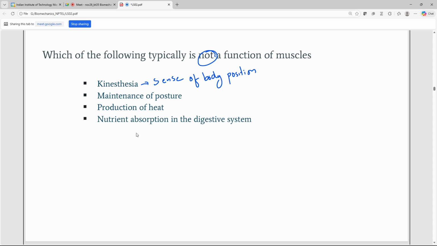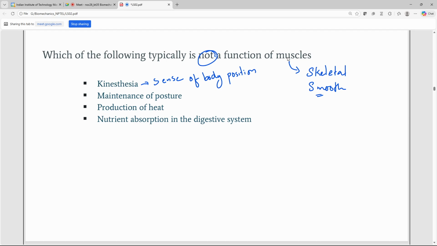Production of heat also, you know. Nutrient absorption system. In the videos themselves there's an explanation: there are different types of muscles, skeletal muscles, smooth muscles, and cardiac muscles, and mostly smooth muscles line our GI tract.